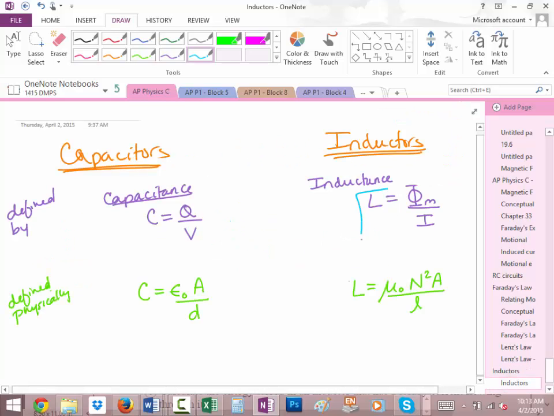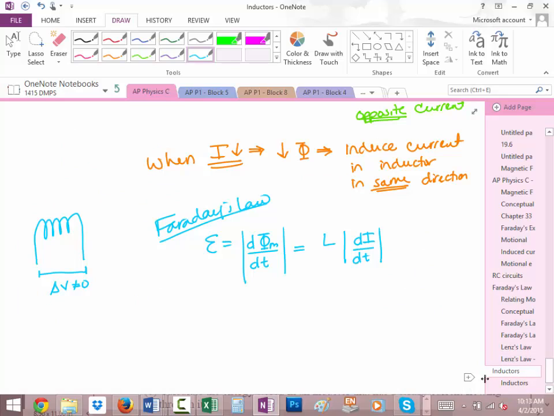L was defined as phi over I here. There's an N here, so that's the total number of turns, and the big L takes into account the number of turns as well.